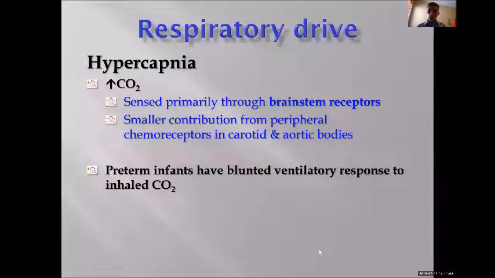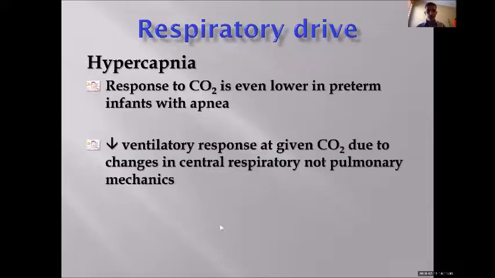However, in the preterm infant, the centrally driven ventilatory response to high CO2 is immature, blunted, or failed. Therefore, when CO2 is high, we should breathe fast. Because the response is blunted, they stop breathing. When you have a premature baby with high CO2 and apnea, the central response to high CO2 decreases further.